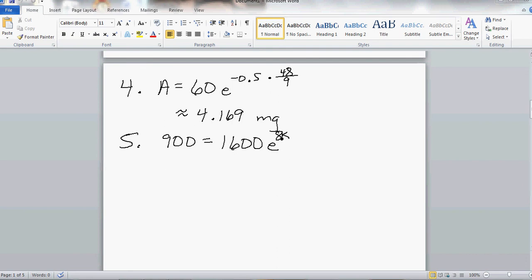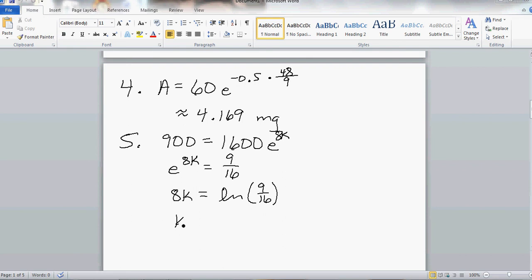So the first thing we have to do is solve for k here. We will divide both sides by 1,600. So e to the 8k equals 9/16 once we simplify. Then take the natural log of both sides, so that 8k equals the natural log of 9/16.